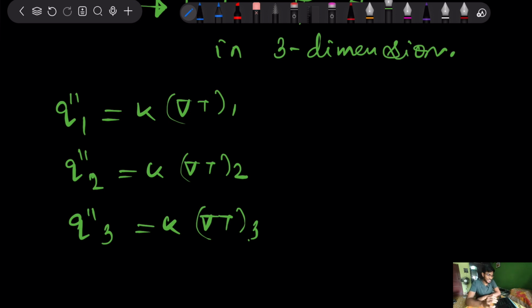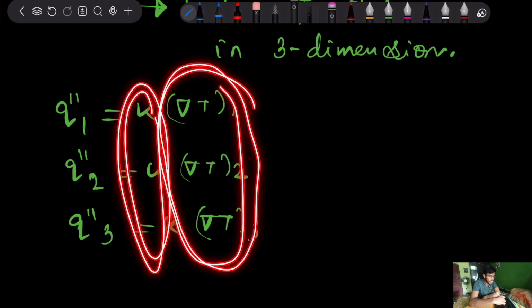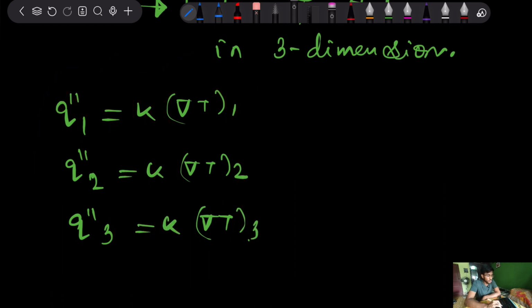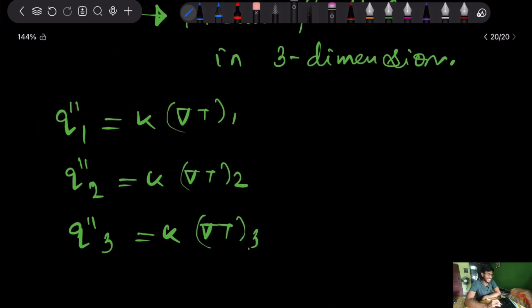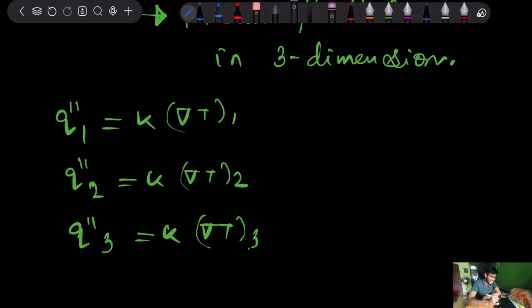So if I have this grad T vector having 3 components like this, and I multiply only by a scalar, then I can get this one. But this is true only for the condition that the material is isotropic.